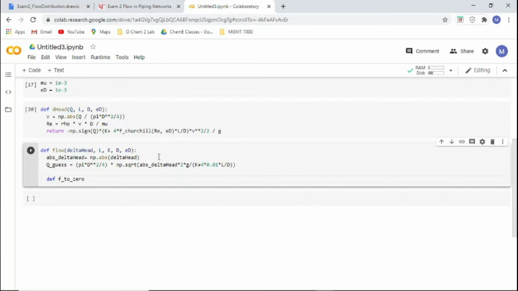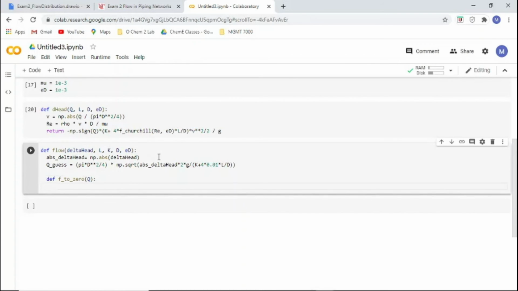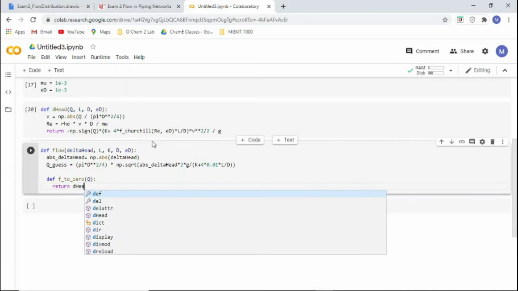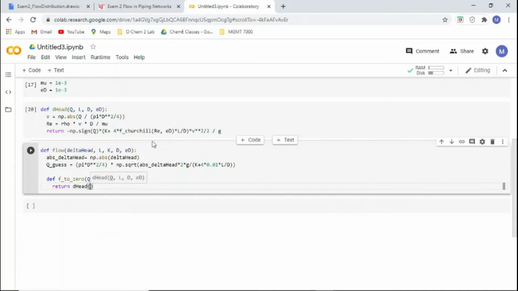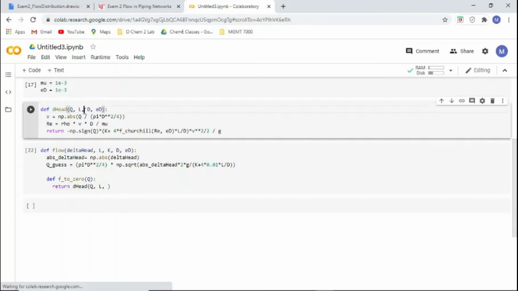What this is going to do with our flow in there, Q, our flow rate, is help return the value so that the delta head up here, with the arguments that are inside it, so Q, L, oh, I forgot to include K, right?